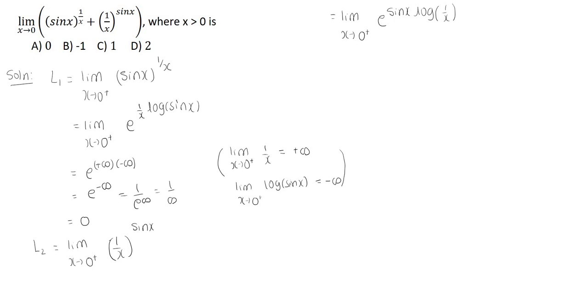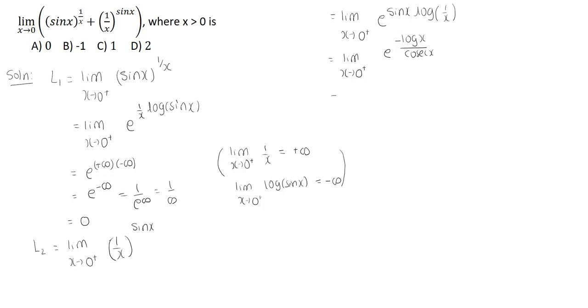1 upon x. We can rewrite this as limit x tends to 0 plus e raised to minus log x upon... Sin x can be written as 1 upon cosec x.